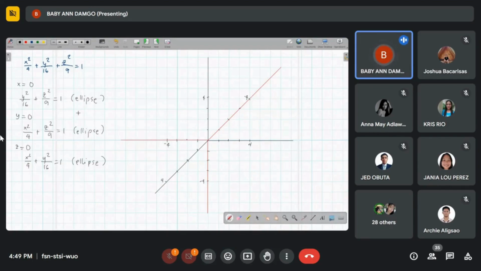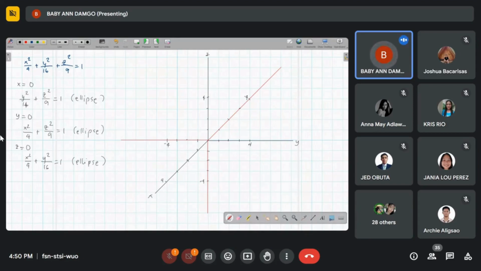First, look at when x is equal to 0. So, this is x, and then we have y, and then we have z. For x is 0, we have y squared over 16 plus z squared over 9 is equal to 1.